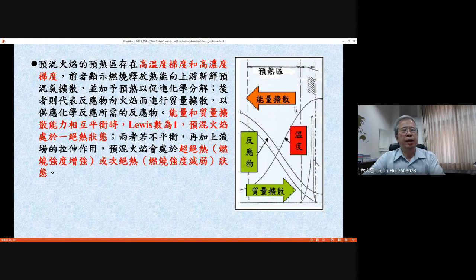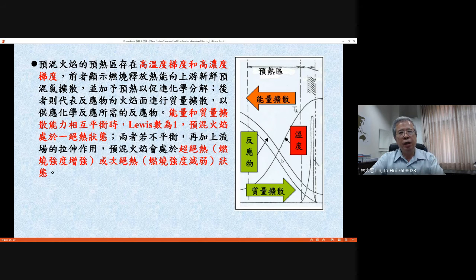Conversely, you look at the concentration of reactants, including the fuel and the oxygen. You find the concentration of reactants starts to reduce when the flow approaches the edge of the preheating zone. The concentration continuously decreases for fuel and oxygen in the preheating zone, which shows there is a concentration gradient.